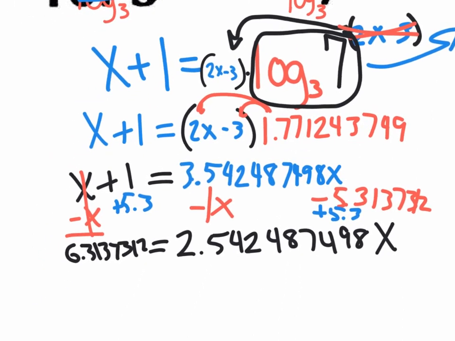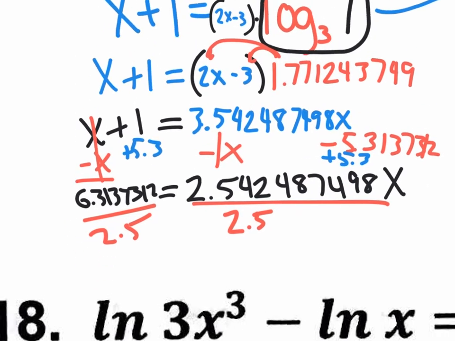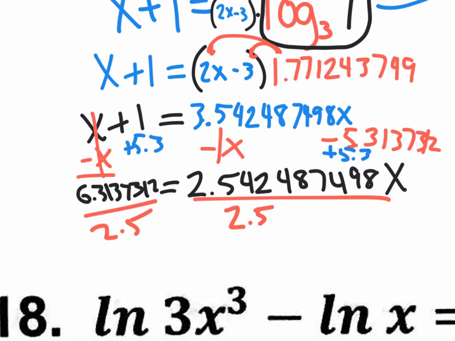So for my final step, I'm going to divide by this crazy irrational 2.5, whatever that junk is. On the calculator, you're actually going to type in the whole number, divide by the whole number, not just 2.5, but this whole number. And on the calculator, if you type in all that giant number, you get x equals 2.48328.